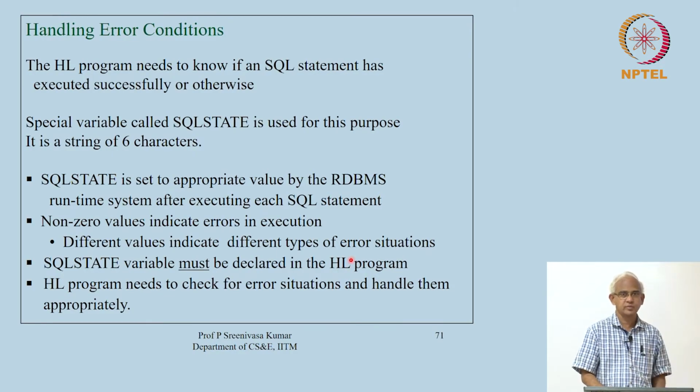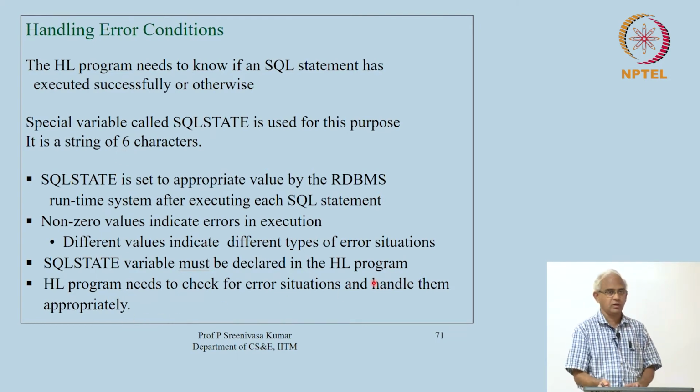I did not show it in the previous slide, but it has to be there as a string of 6 characters. Okay. So, this is how communication between your program and the database server happens. The database server indicates things to you through this SQLSTATE.